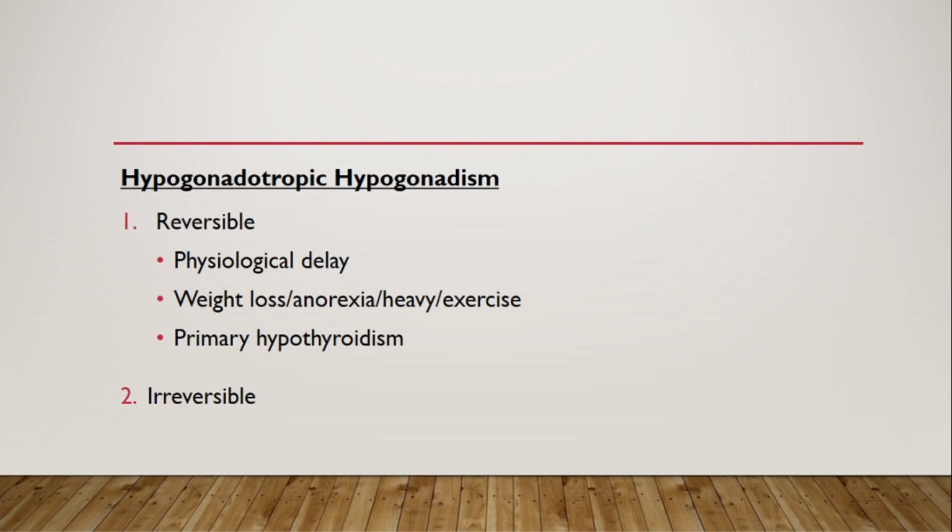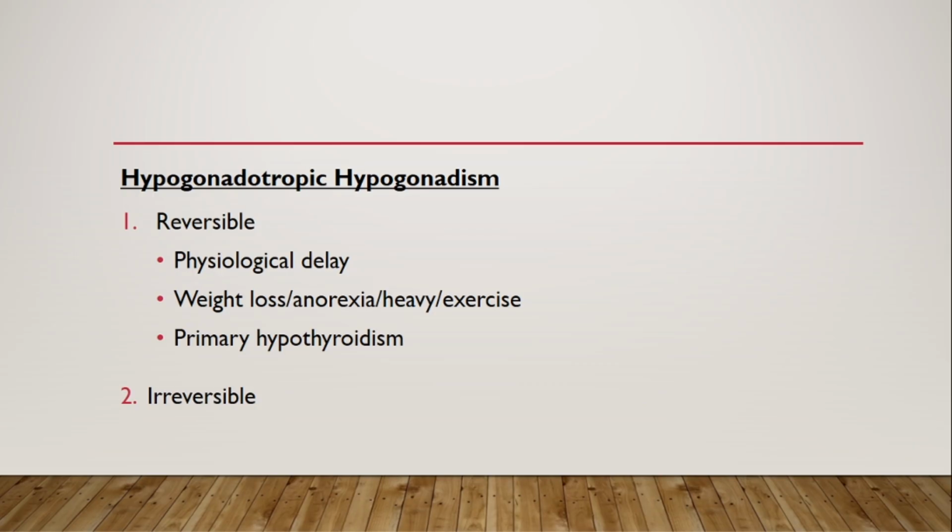They may have chronic weight loss, in which case there is a minimum weight that is essential before menarche occurs. So these women may not attain that. And lastly, under reversible hypogonadism, we have primary hypothyroidism. In these patients, the thyroxine hormones are deficient and not enough to support the process of normal menstruation.